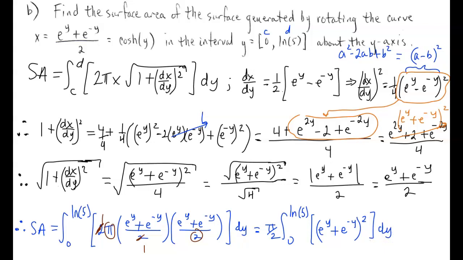Remember, up here we said e raised to the y plus e raised to the minus y, quantity squared, was just e raised to the 2y plus 2 plus e raised to the minus 2y. So we essentially have the same thing here. So we know that this e raised to the 2y plus 2 plus e raised to the minus 2y is what that outcome is going to be. And so we'll write it in that form, and in that form we'll be able to take the antiderivative of what remains here. Relatively simple.